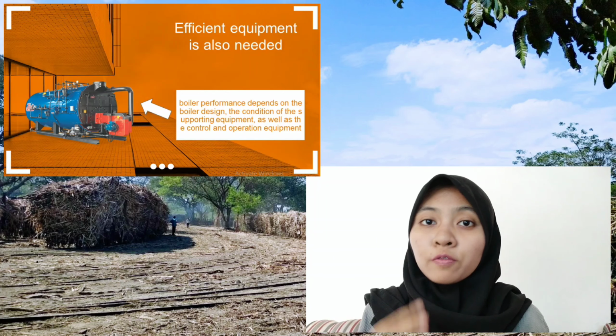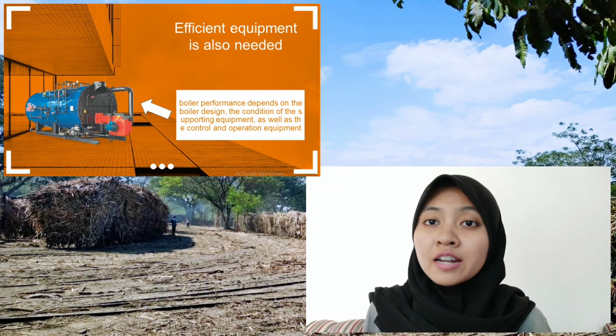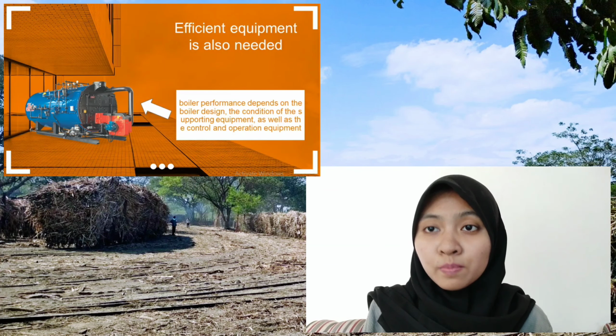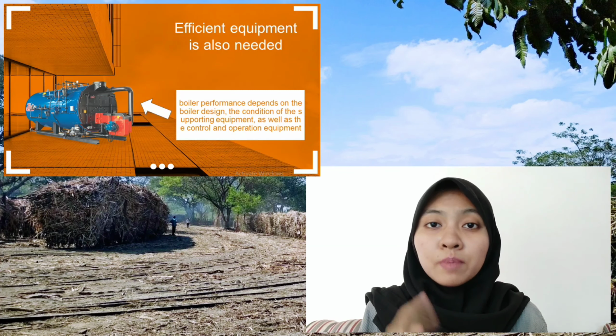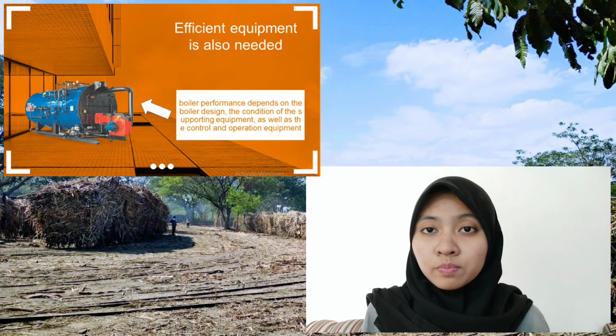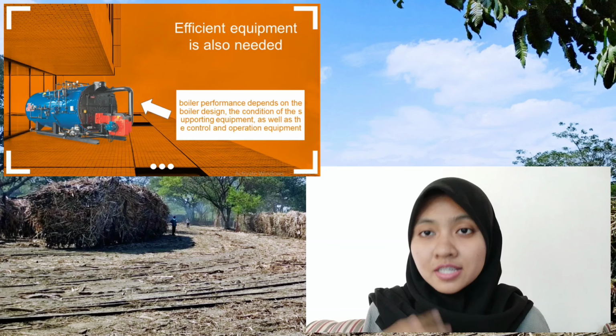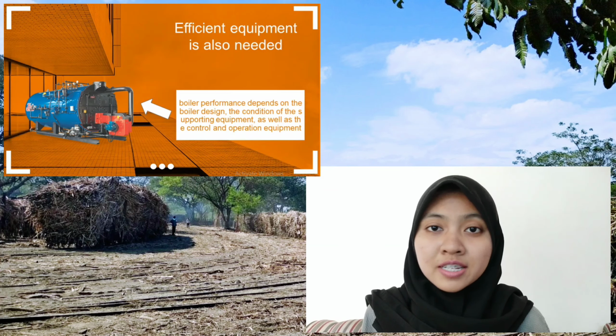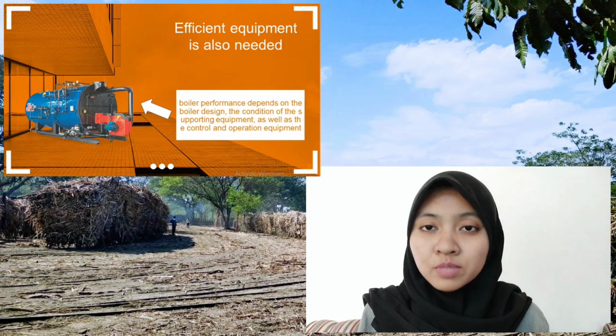The operation of a boiler that is below standard will cause the steam supply to the plant to be disturbed. Boiler loads are unstable and the production process is also disrupted.